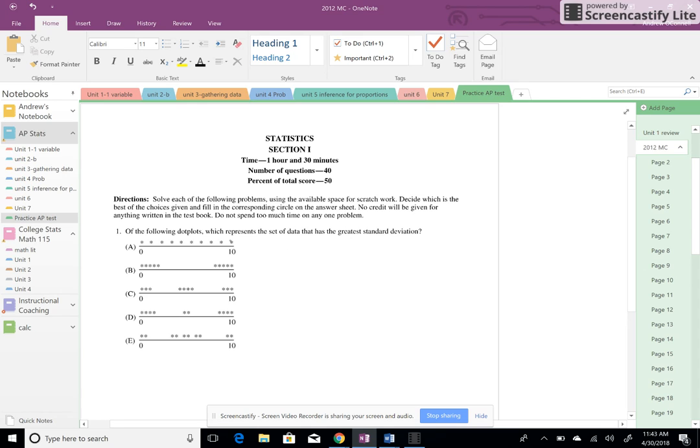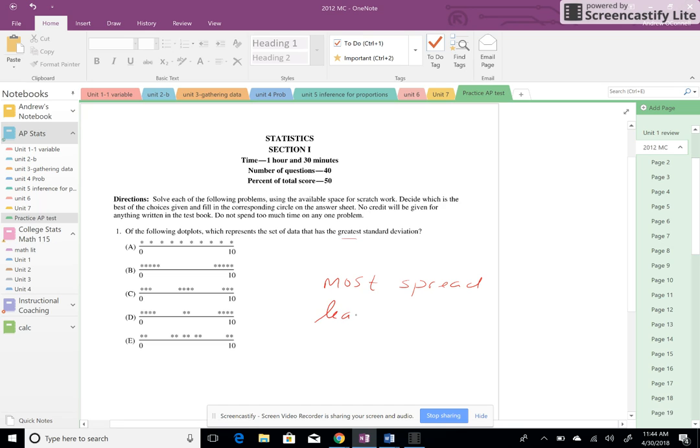Of the following dot plots, which represents the set of data that has the greatest standard deviation? Remember, standard deviation measures how spread out something is. So if I want the greatest standard deviation, you want most spread out. That means the opposite of spread out would be very centric.